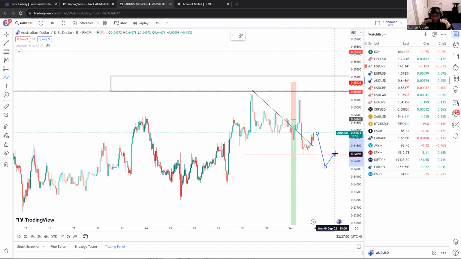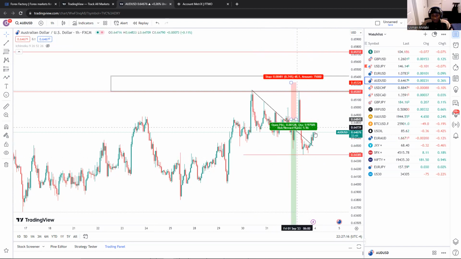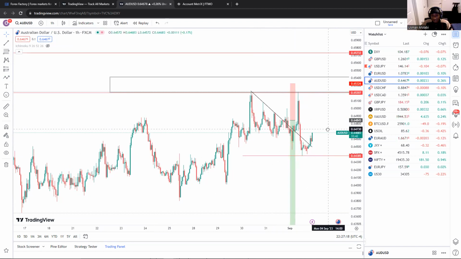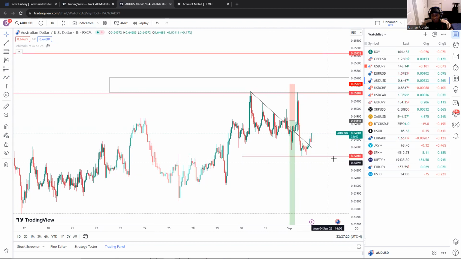If I could get some type of retest, then continue to potentially short it. So I am in AUD USD. I haven't moved my stop loss to break even. I'm just letting the trade run. If we can get the break and retest from this level, I will be continuing to add on to the trade potentially. So that's another trade I am in.